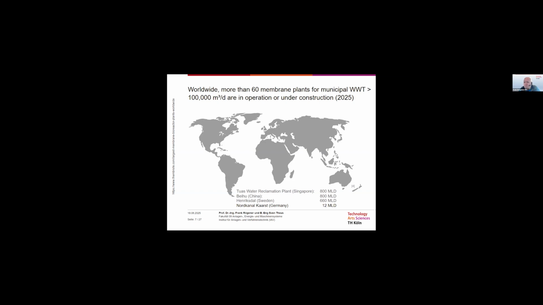And also in Europe, we have a large-scale plant with 660,000 cubic meters per day in Henriksdal in Sweden. Compared to this, the existing German plants using membrane bioreactor technology are comparatively small.